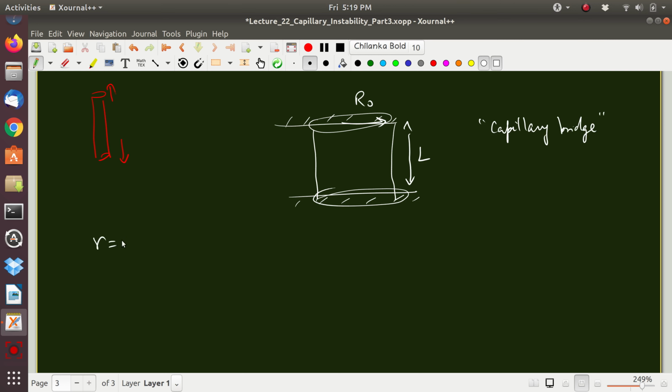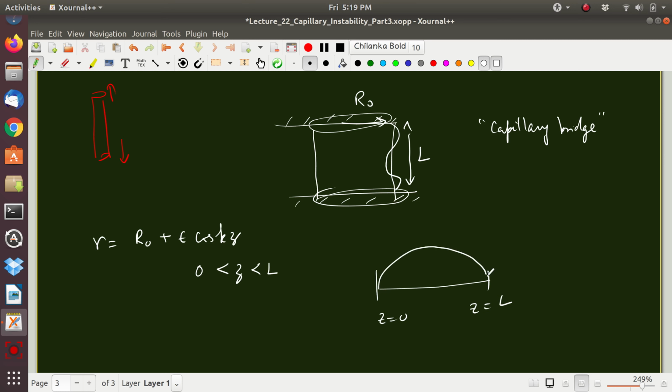Again, you can perturb R0 plus epsilon cos kz. Now the key thing is that z is between 0 and L. Z is not infinite, unlike in the previous case, where we considered infinite jets. So if I consider the perturbations along the z direction, from z equal to 0 to z equal to L, you can only have waves that satisfy the boundary condition: the liquid makes a particular angle, called the contact angle, with the rigid surface.